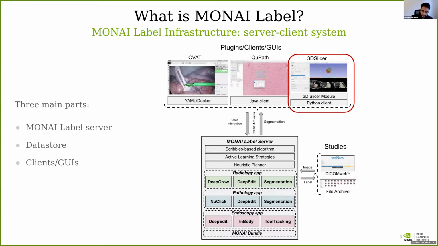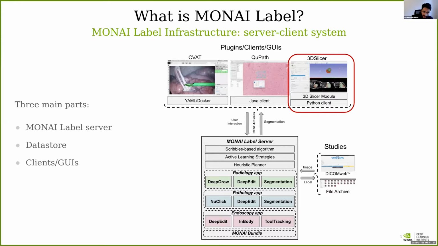And you also have the data store, or basically how you manage the studies. If you are working with DICOM images, you can use the standard DICOMweb server to communicate with the MONAI Label server. Or if you're working with local files using a folder, with NIfTI images or NRRD files, you can use the local file archive with a specific way of organizing the data set that I'm going to explain later.